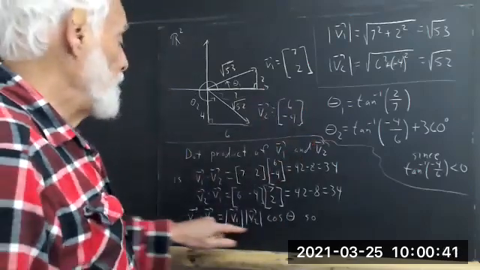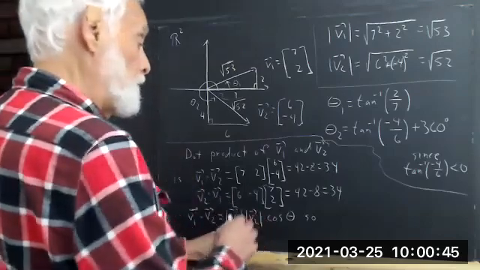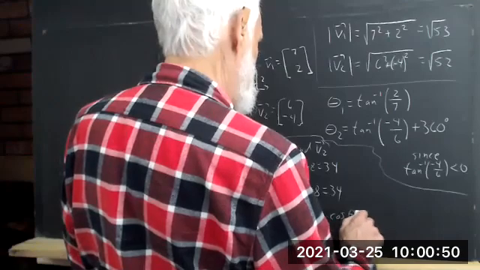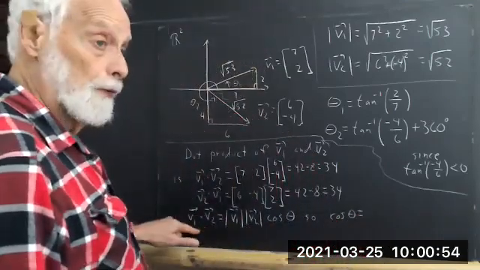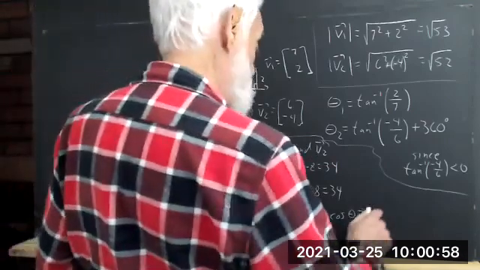Okay, so anyhow, here's our dot product. And it follows from what I've written here. Cosine theta, very easy to solve this for cosine theta. You just divide by the magnitude of V1, magnitude of V2.